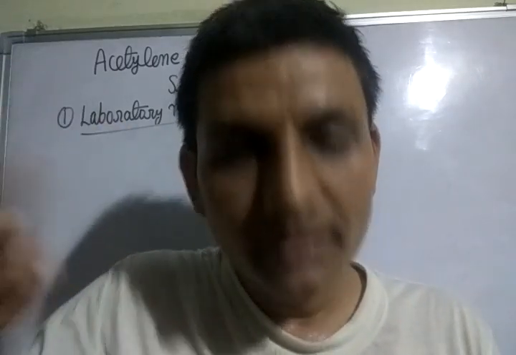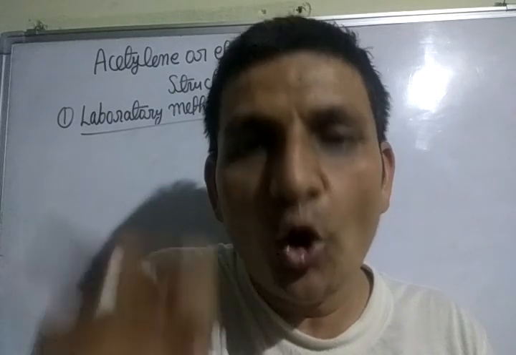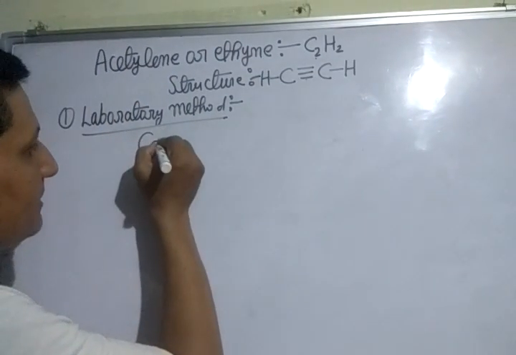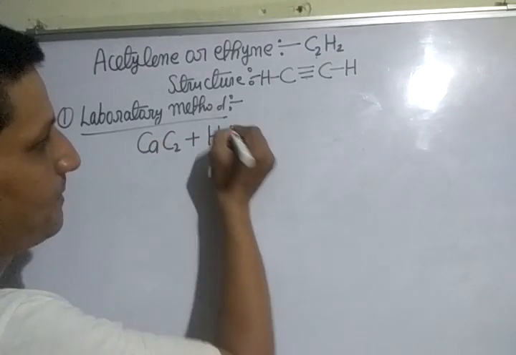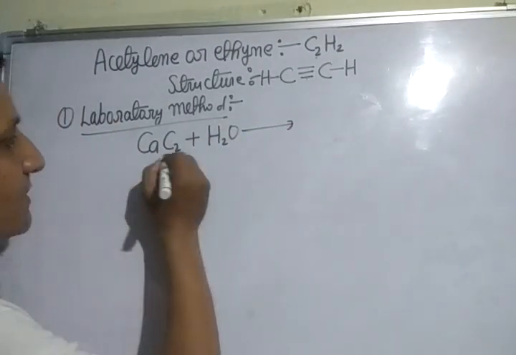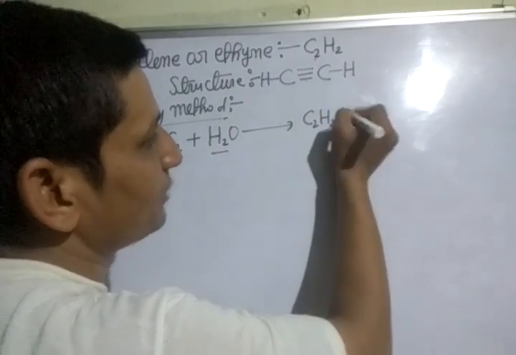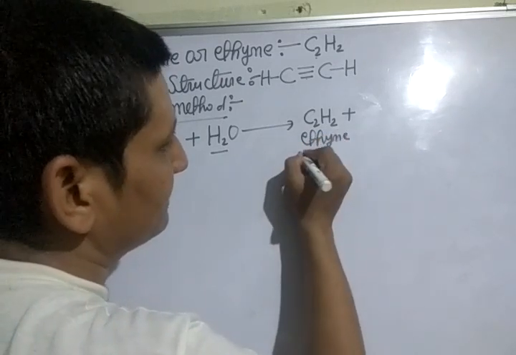Calcium carbide reacts with water to form C2H2, ethyne. Ethyne is the IUPAC name, its common name is acetylene.